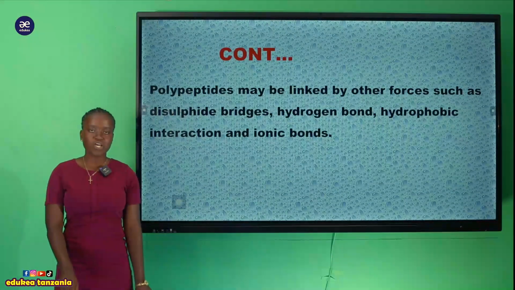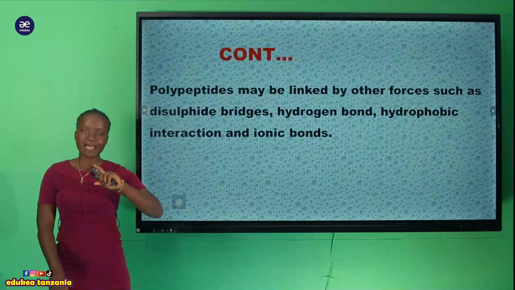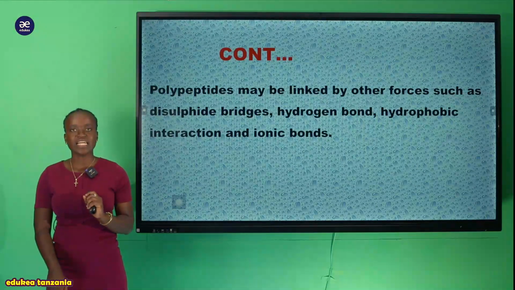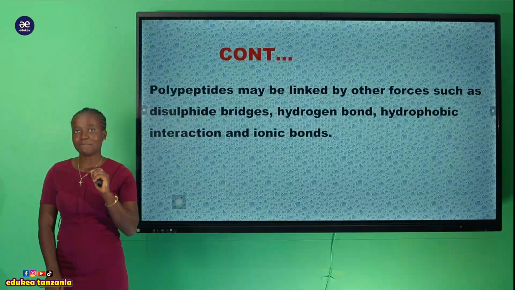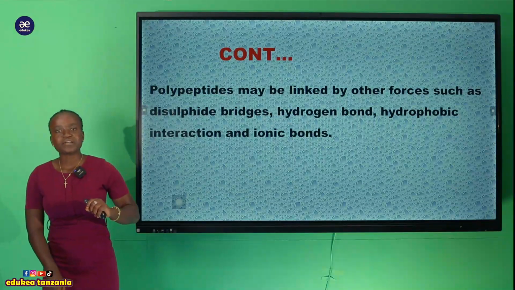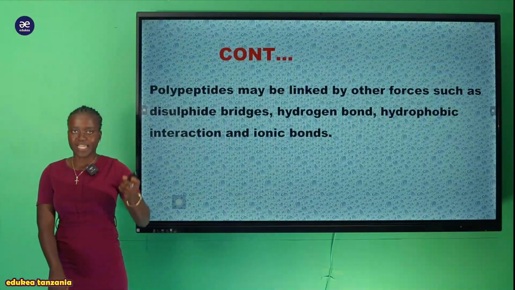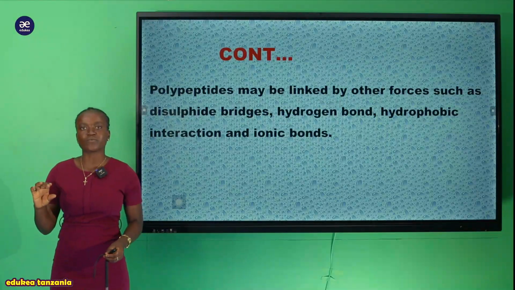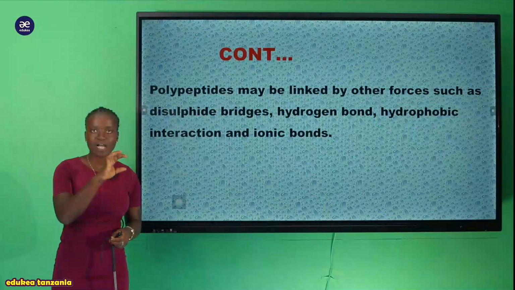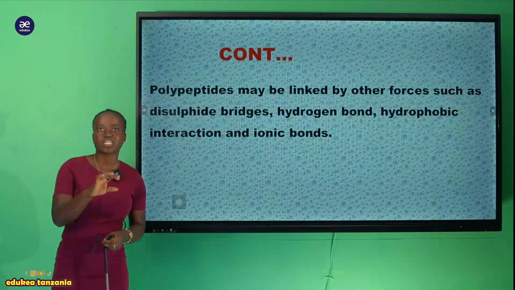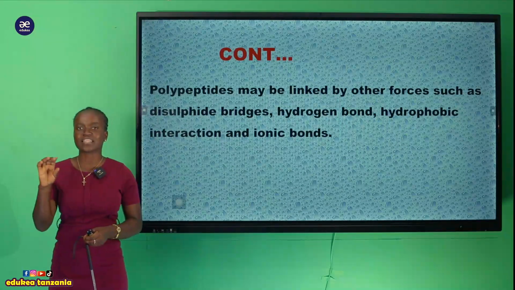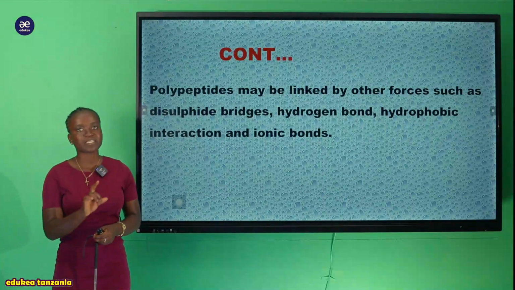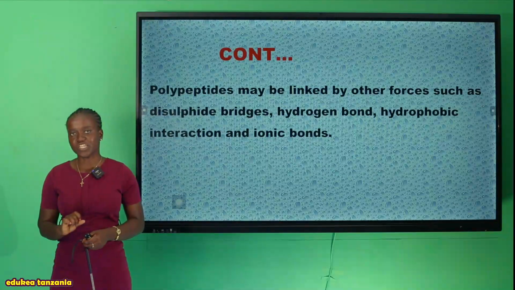So tuliona ile dipeptide baada ya amino acid moja kuunganika na amino acid nyingine ikatengeneza peptide bond. Sasa tukija kuongelea about polypeptide, meaning that there are a lot of these amino acids which tend to form a chain after the connection between one amino acid and another, about hundreds of amino acids, ndipo ambapo natengeneza polypeptide chain.